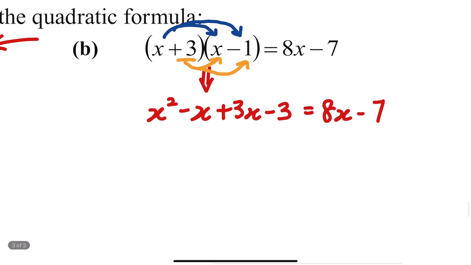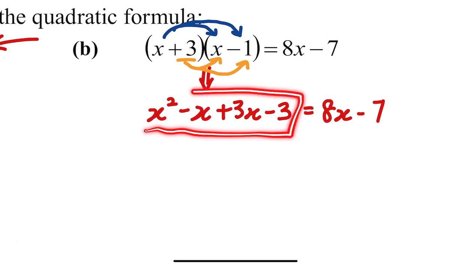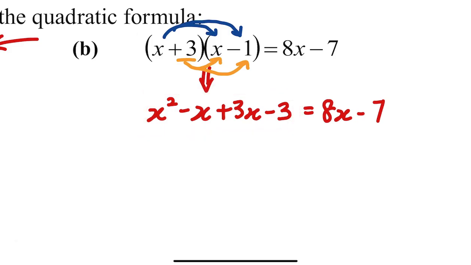Now you can simplify your left side first so that it's easier. Like terms are negative x plus 3x. Simplify together, I'll get x squared minus 1x plus 3x is plus 2x minus 3 equals to 8x minus 7.